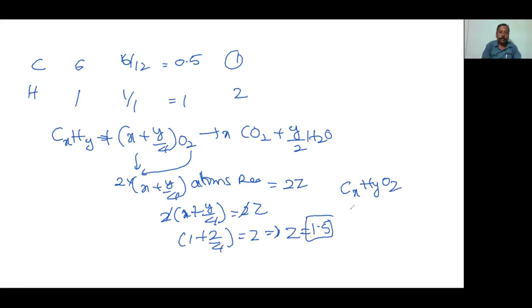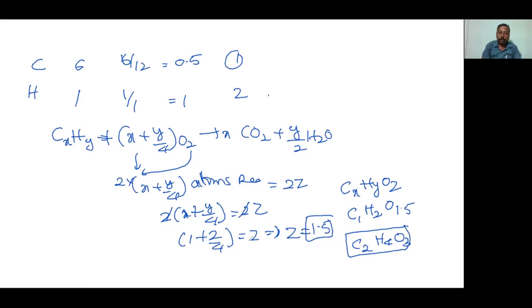Once it is 1.5, we can write it as CxHyOz. x we have taken as 1, hydrogen we have taken as 2, and oxygen we got as 1.5. But it cannot be a fraction. Therefore C2H4O3 is our answer. Note this down very carefully, it is a very important question.